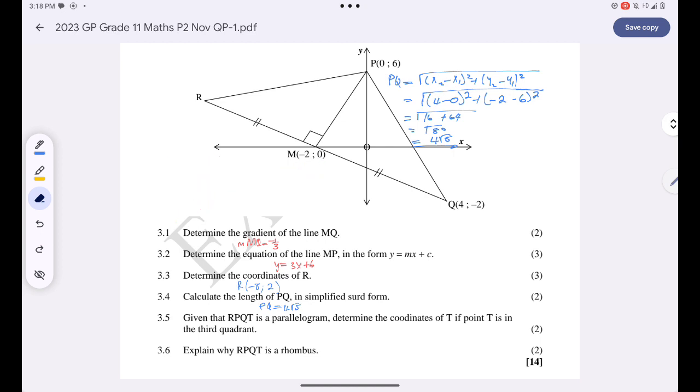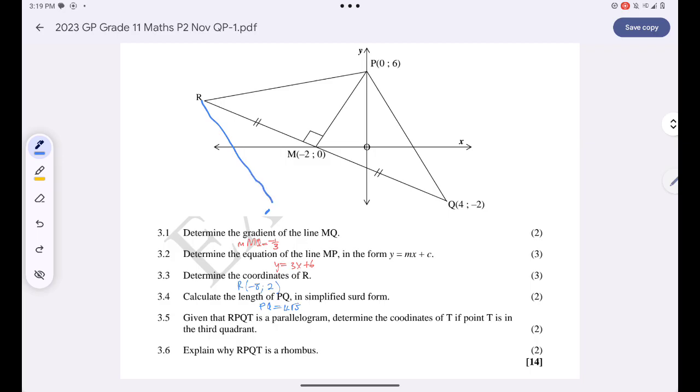This question, guys, needs you to remember the properties of a parallelogram. They said you have a parallelogram RPQT. That means T is somewhere in here.